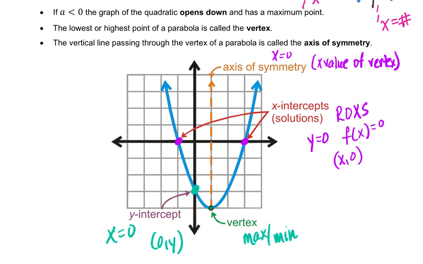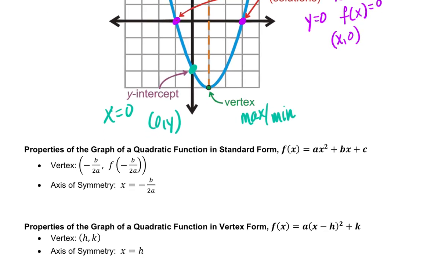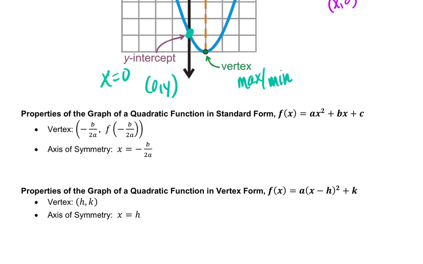So starting with standard form. To find the vertex in standard form, so you know when you have the equation of a line, y equals mx plus b, you can look at it and you see the slope is m and the y-intercept is b. When it's in standard form, you have to do a little bit of math before you can get the vertex, right?